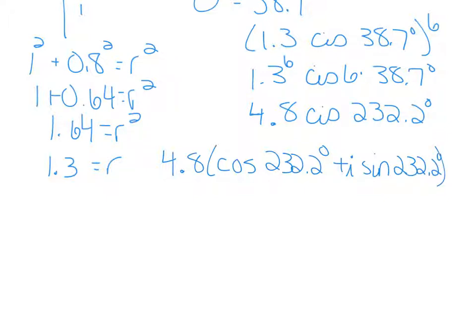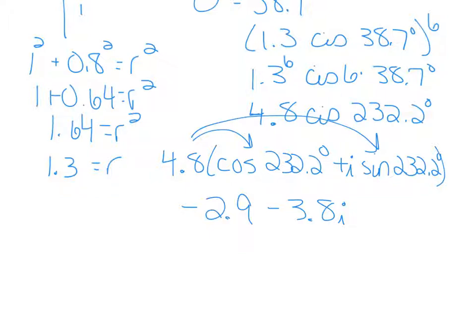Okay, I'm going to do my algebra, and I'm going to do 4.8 times the cosine of 232.2 degrees, and with rounding I get about negative 2.9, and then I'm going to do 4.8 times the sine of 232 degrees. I'm going to round it, and I get minus 3.8i. Why would both of these be negative?